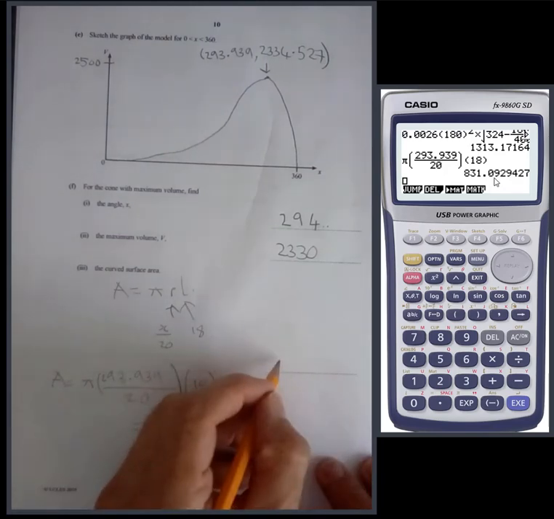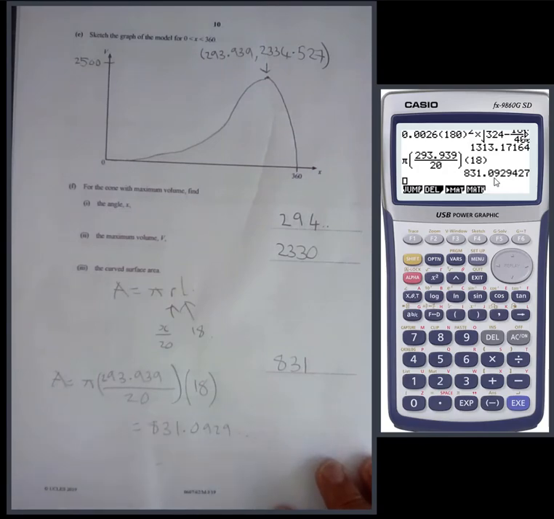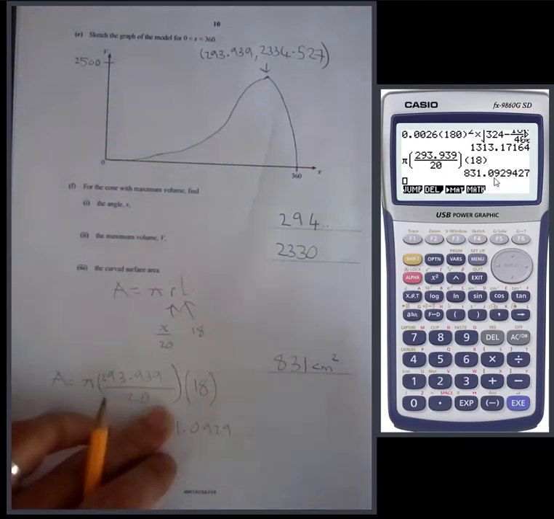So I'm going to put that in as 831. Curved surface area, it's an area, all lengths are in centimetres, so that can be centimetres squared.